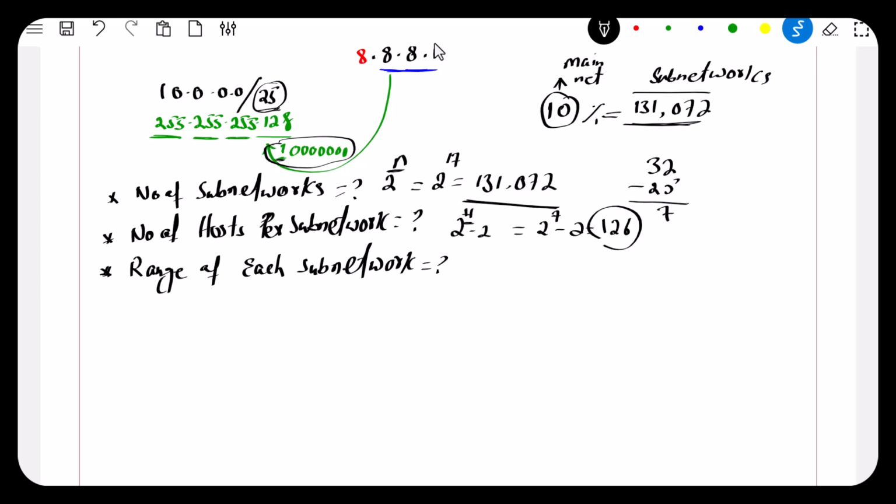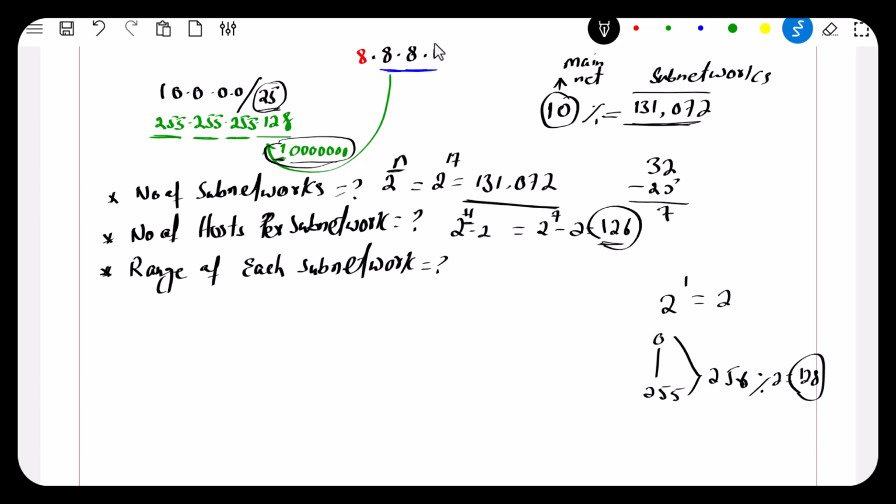So the first bit, which means one bit is borrowed and that is on. The rest are what? Off. So take this 1. 2 power 1 is equal to what? 2. And what is the full range of the fourth octet? 256, from 0 to 255. It's equal to 256. Divided by 2 is equal to 128. And you can also find out from here 128 minus 2, 126.